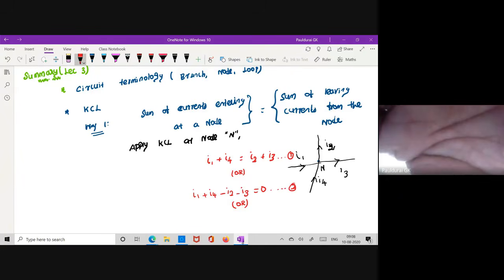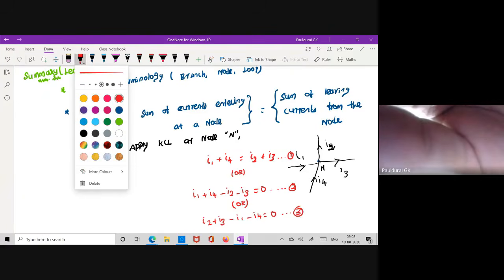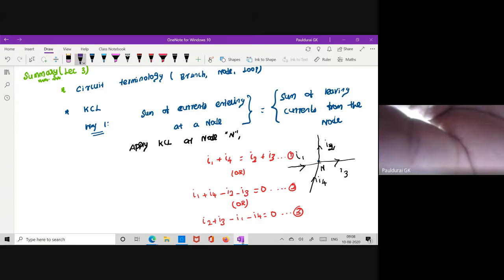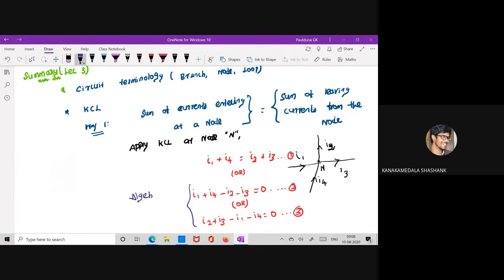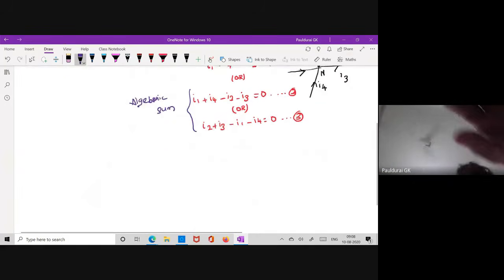So this time I2 plus I3 minus I1 minus I4 equals 0. Take this as equation number 3. So what are equations 2 and 3? This is called the algebraic sum of currents at any node, which is 0.